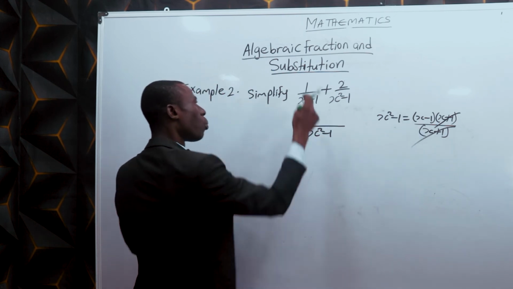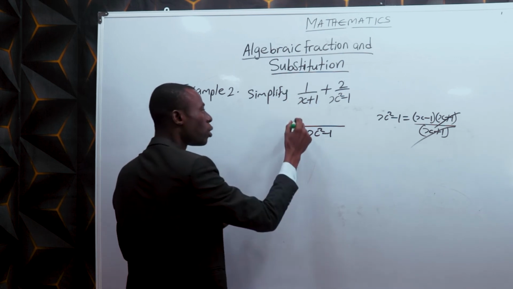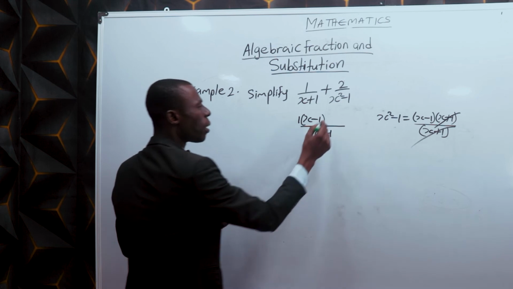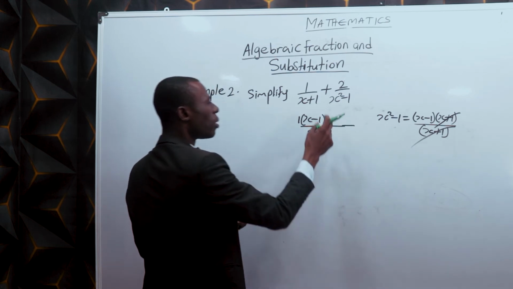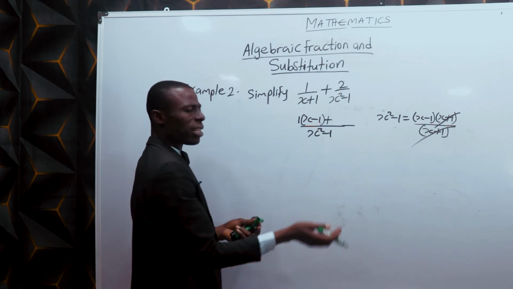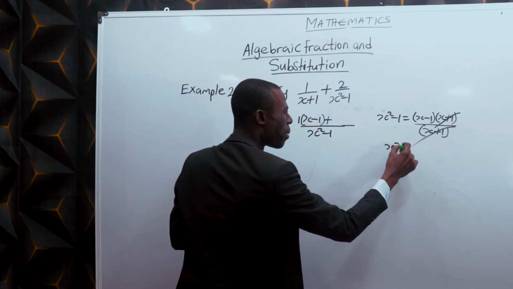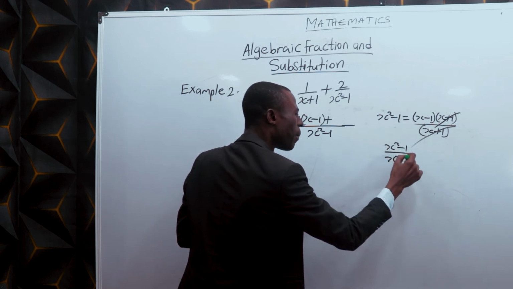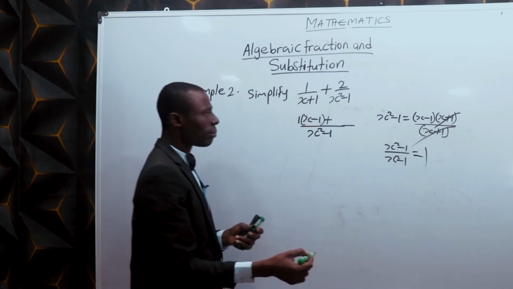Use that x minus 1 to multiply the numerator here, which is 1. You have 1 into x minus 1. Now plus, x squared minus 1 in x squared minus 1. It's like you are using x squared minus 1 to divide x squared minus 1. Answer will be 1.